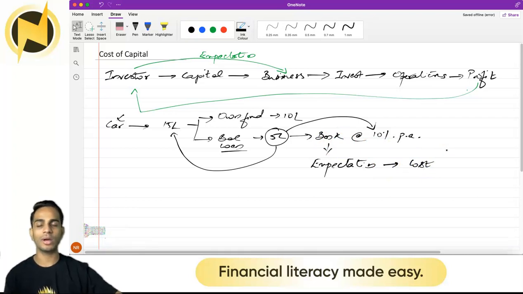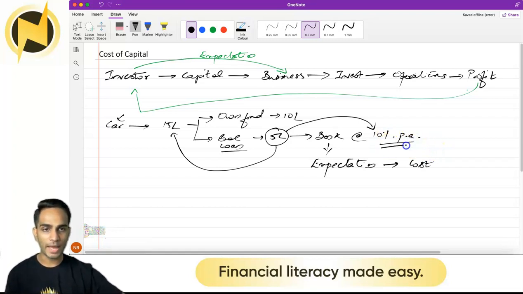Correct? It's a cost that you have to bear. Simple, right? So this particular cost you will have to bear no matter what happens, because the bank agreed to give you a loan only because they expect in return this particular interest from your end.